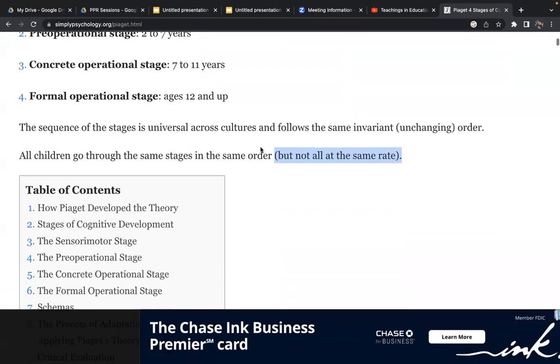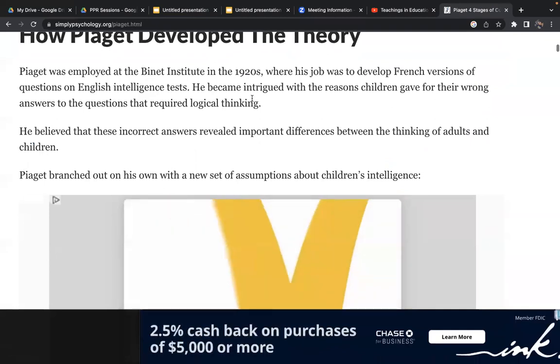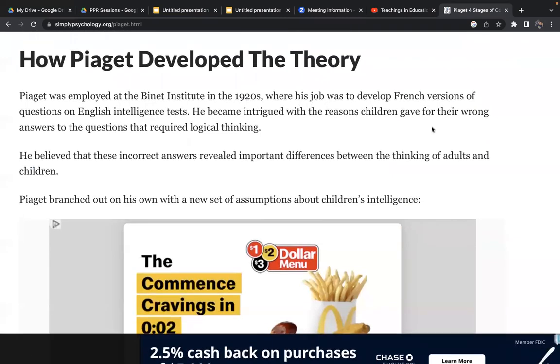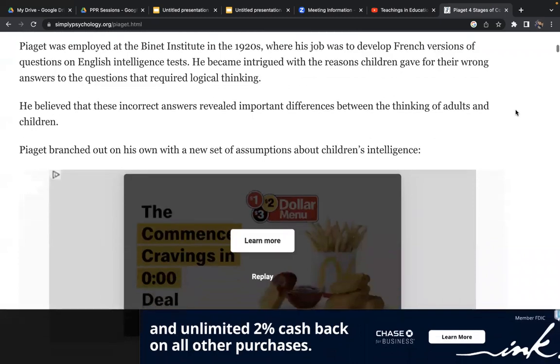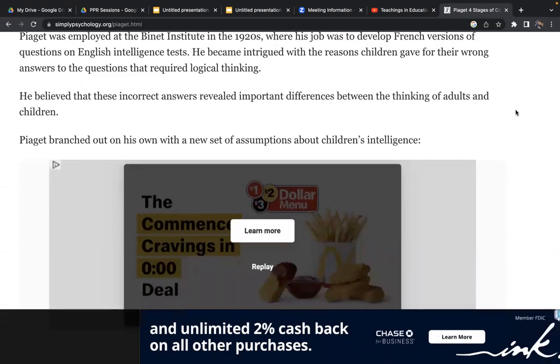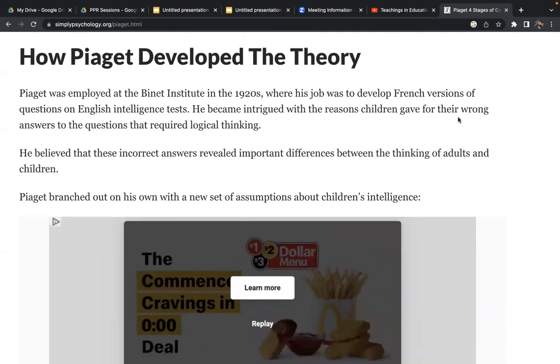I'm going to go back to this because I wanted to show you the 1920s is when he came up with this, and he had a job at the Binet Institute. His job was to develop French versions of questions on English intelligence tests, and he became intrigued with the reasons that children gave for their wrong answers to questions that required logical thinking.